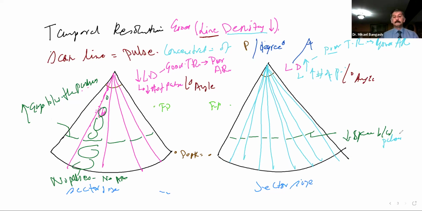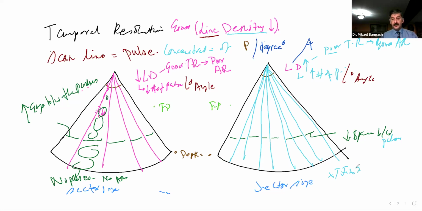Clear? Here we only had, let's say, 4 pulses in our image or in our sector, whereas over here we have double, we have 8. So this is going to have a chi frame which is twice that of this fellow here.